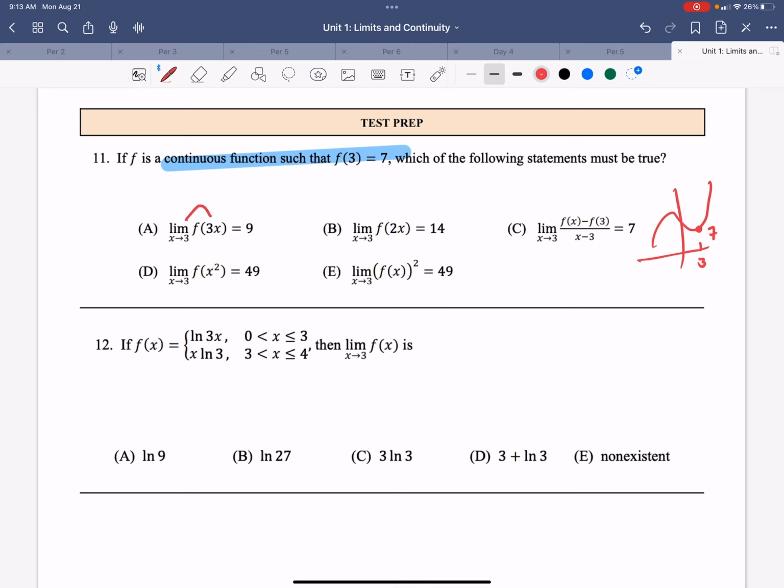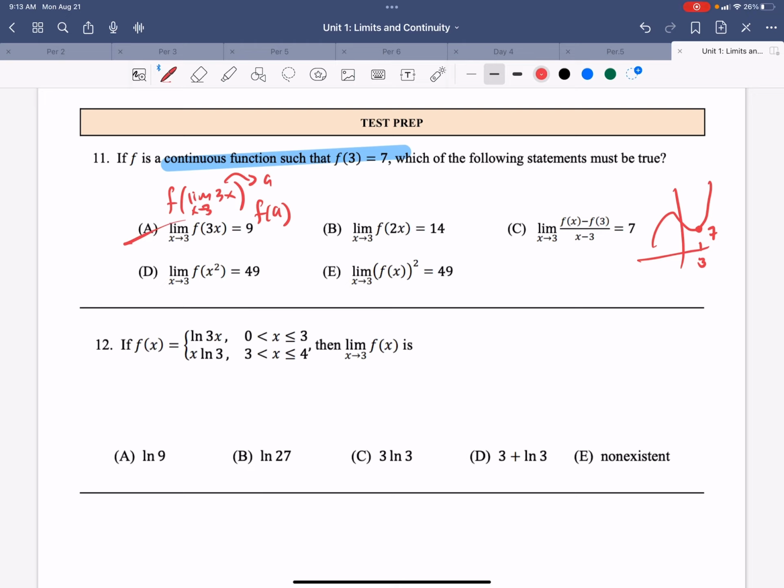If we try this one, the limit as x approaches 3 of f of 3x is technically the same thing as f of the limit as x approaches 3 of 3x. The limit as x approaches 3 of 3x is 9, but we don't know what f of 9 is, so we cannot use that one.